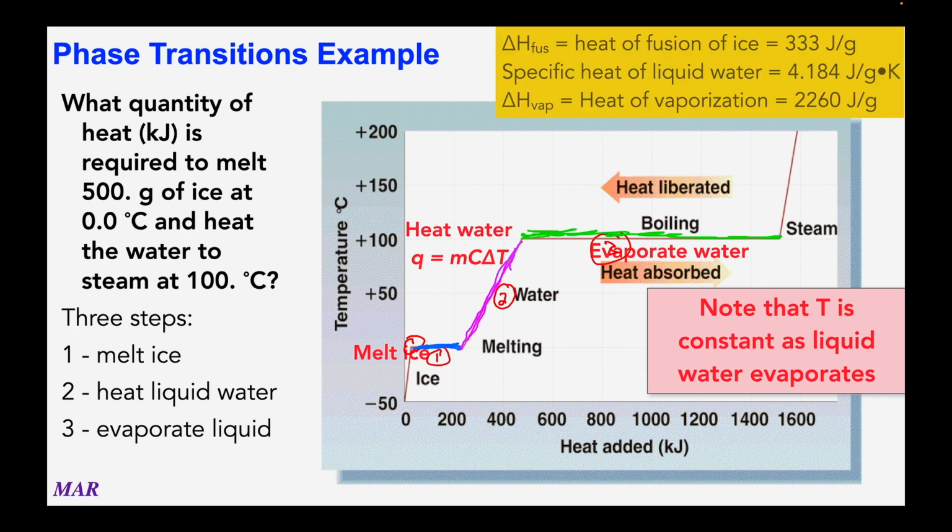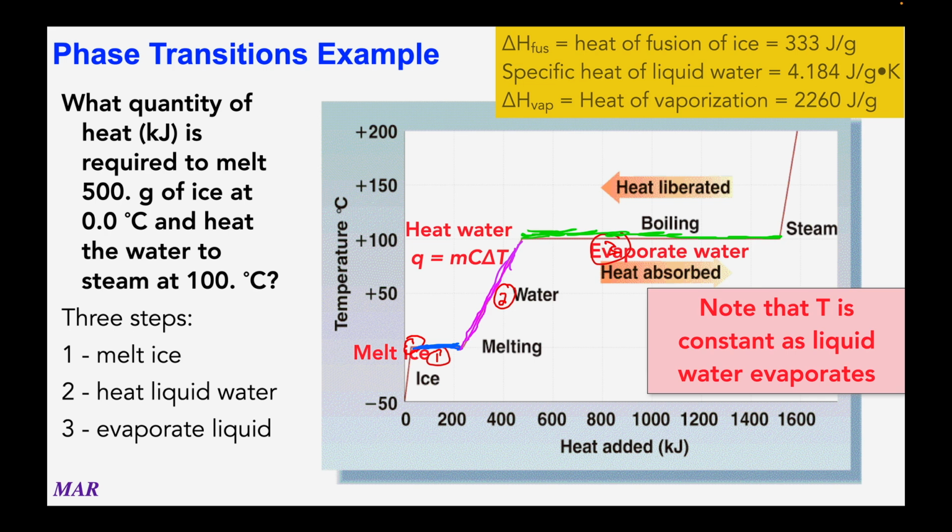No problem. We will need some constants to figure out this problem. The specific heat of liquid water, again, is something I'd like you to know, 4.184 joules per gram Kelvin. But here are two other numbers we'll need, and I would always give you these numbers, by the way. The delta H of fusion, the enthalpy of fusion, sometimes called heat of fusion, for ice is 333 joules per gram.